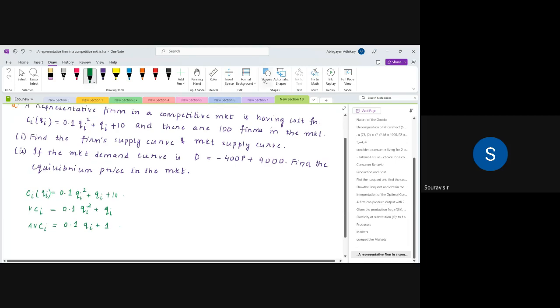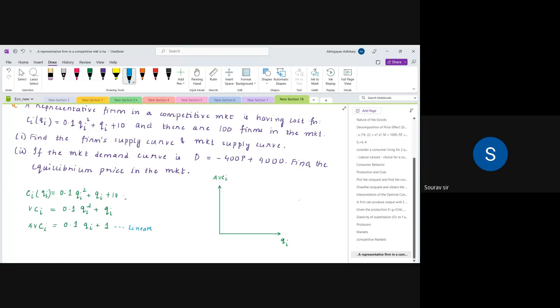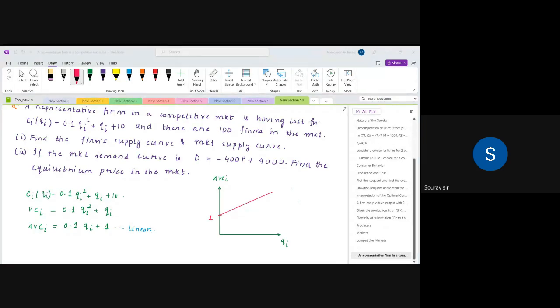If we plot average variable cost versus Qi, this is linear, with a positive intercept of 1, increasing. Can all of you confirm that you understand this? The graph of the average variable cost curve would be a positively sloped straight line with an intercept of 1.